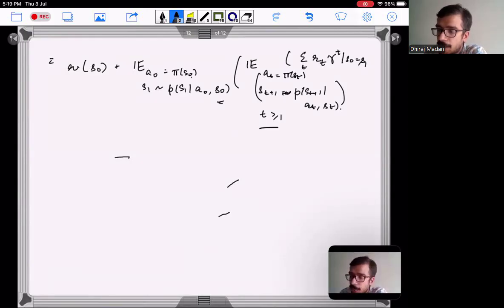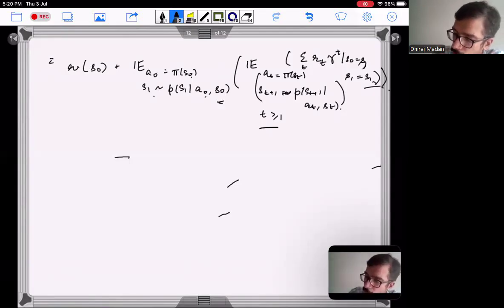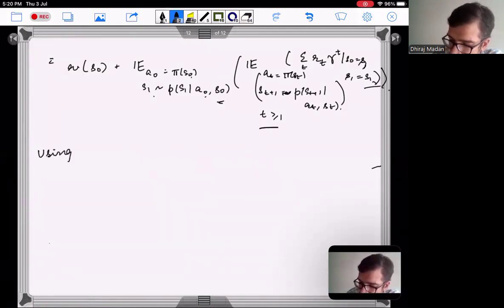So first I sample S1, and then condition on it. S0 is S and S1 is also being sampled over here. Then I condition it in the inner expectation. Essentially, what we are using is the towering property of expectation.